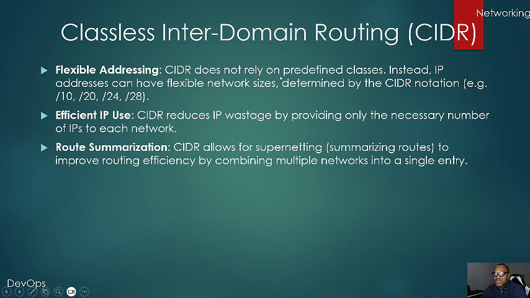So it does not rely on the default, predefined classes or subnet masks, but instead it can have flexible network sizes determined by the CIDR notation. So it reduces IP wastage by providing only the necessary number of IPs to each network, and it allows for route summarization, which results in routing efficiency by combining multiple networks into a single entry.